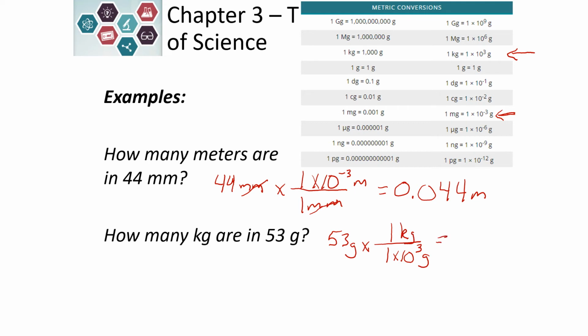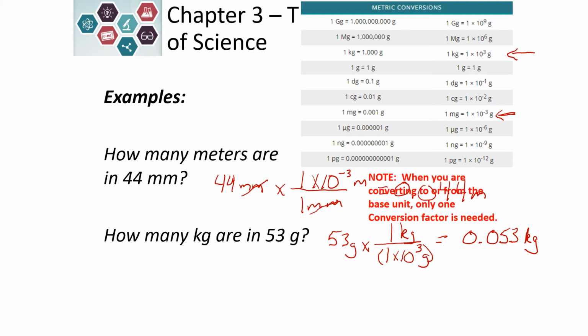So now we multiply across the top, divide by anything on the bottom. If you're using your calculator, you have to put your number in parentheses. And we get 0.053 kilograms. Our number got smaller because we went up the table.